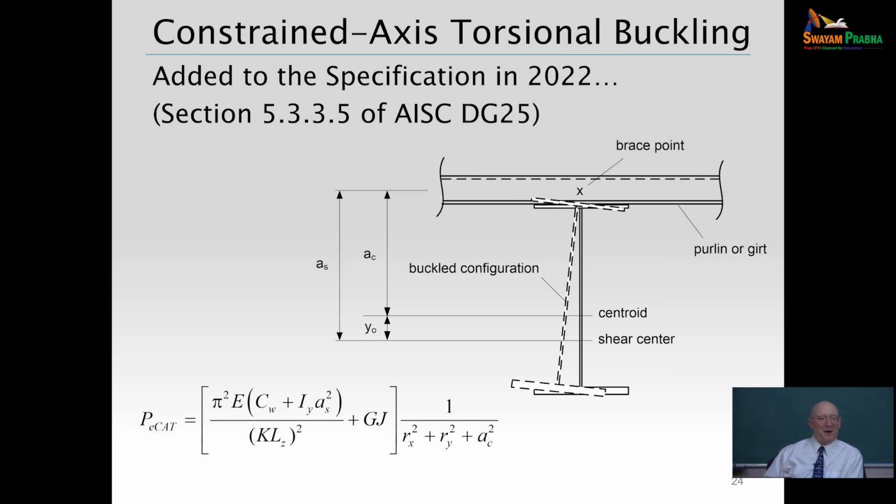The general advice is to frame that as close to the compression flange as you can. And then we say your flange is braced. If it's framing into the web a significant distance removed from the compression flange, now you've got a situation where the web is going to distort, and so you're starting to lose effectiveness.